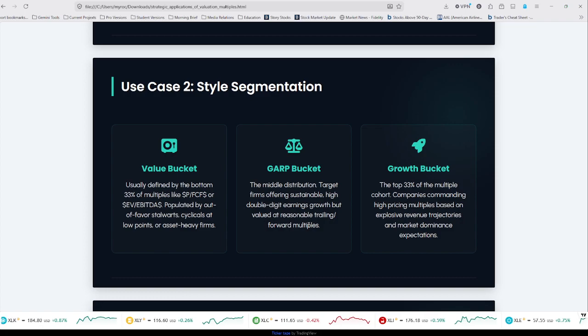So yes, I have the concept behind it, and there's some foundational philosophies there. Like I said, a company that's growing very slowly but has high valuations, you want to be cautious there. A company that's growing very slowly and also has low valuations, well, that's a quality versus stress type of situation.